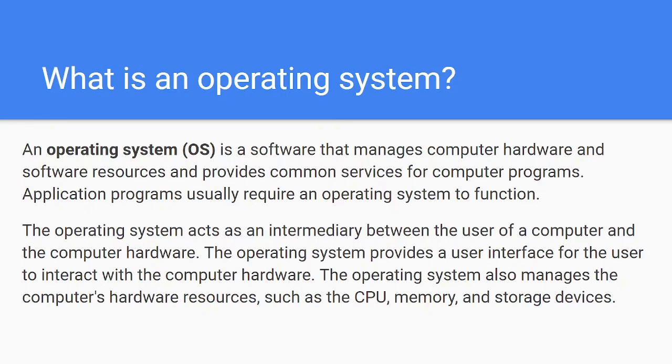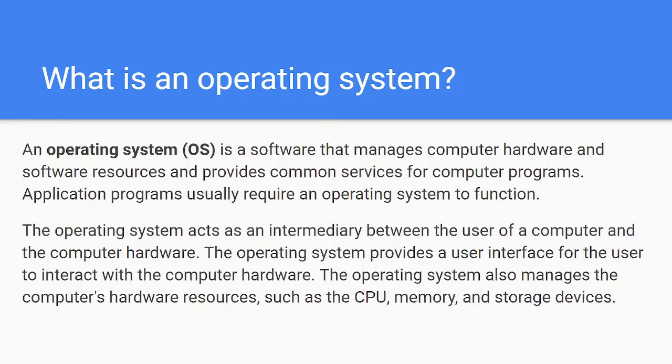It manages all these computer resources, manages software resources as well, and provides services for computer programs. So basically, an operating system, which I'll be calling OS because OS is short for operating system, is the backbone of a computer system.